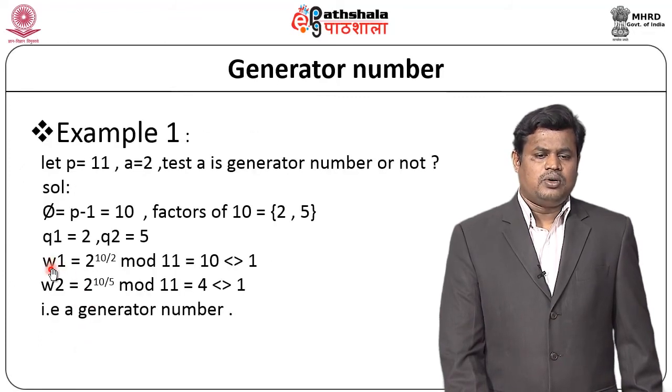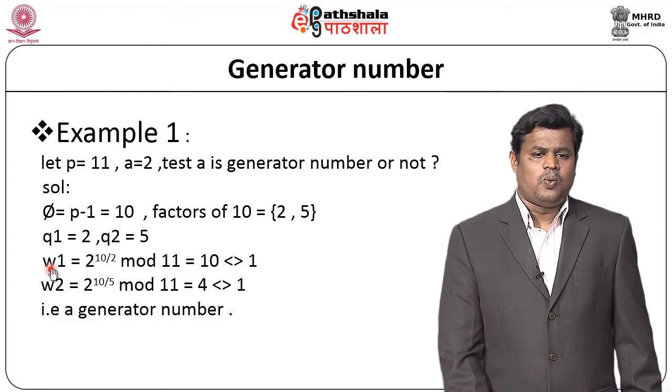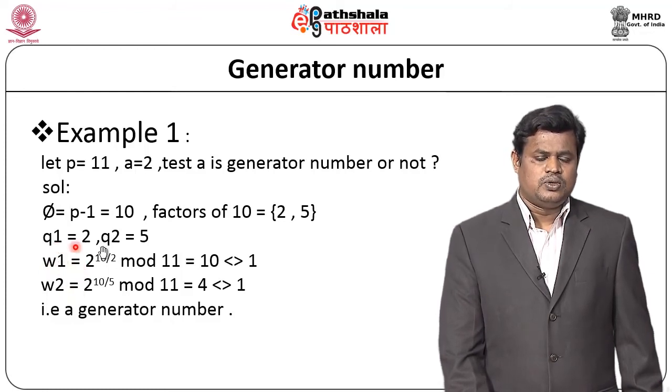Now what I have to do here is find w1 and w2, because we have q1 and q2. First I will take a power phi divided by qi.